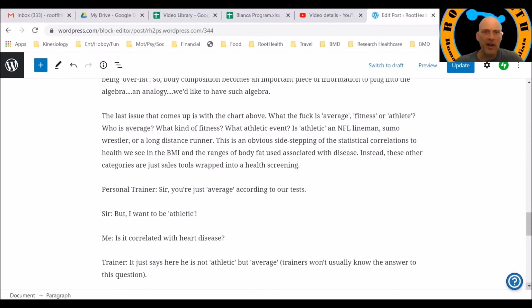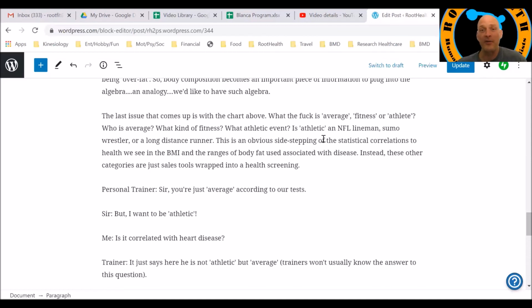So the last issue that comes up with the chart above is, what is average fitness or athlete? Who is average? What kind of fitness? What athletic event? So is athletic an NFL lineman, a sumo wrestler, or a long distance runner?